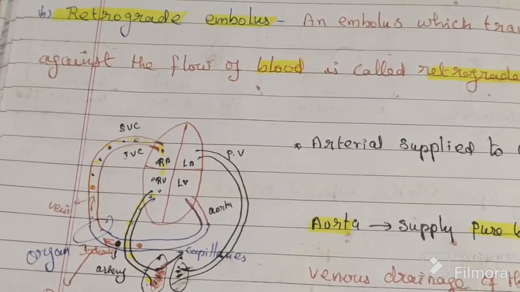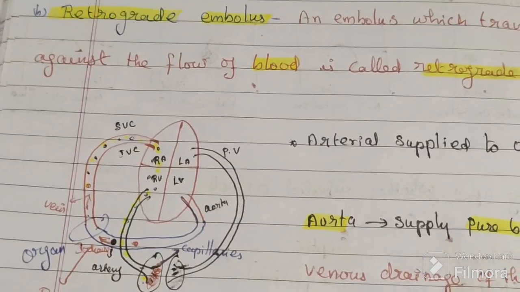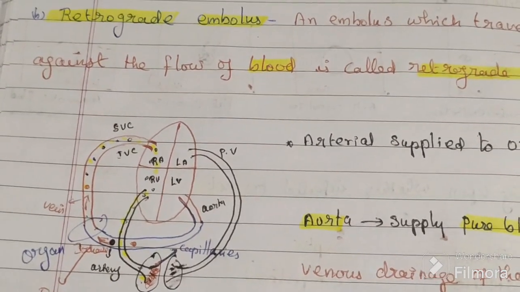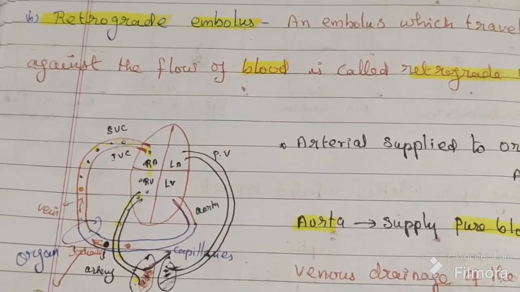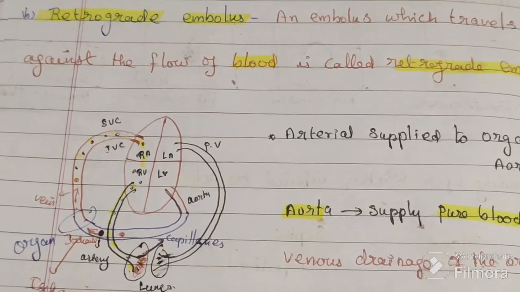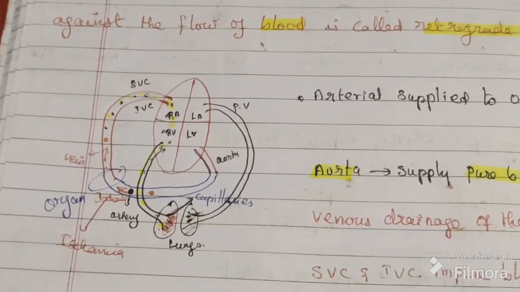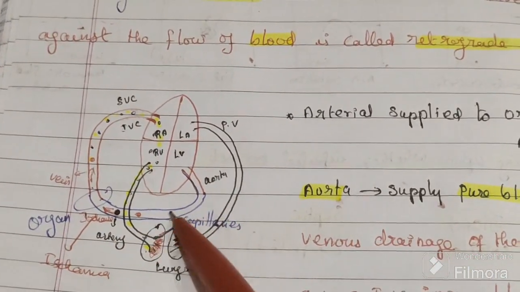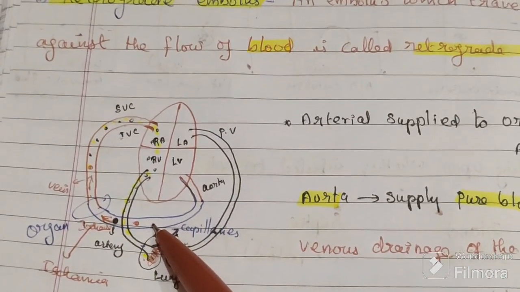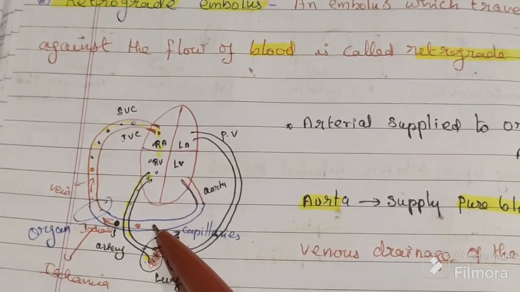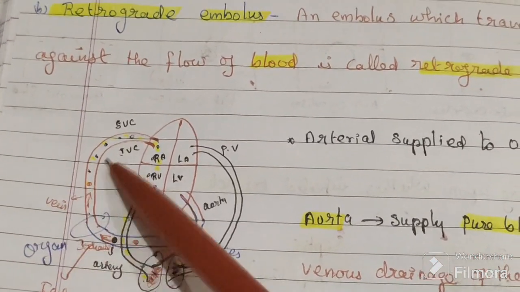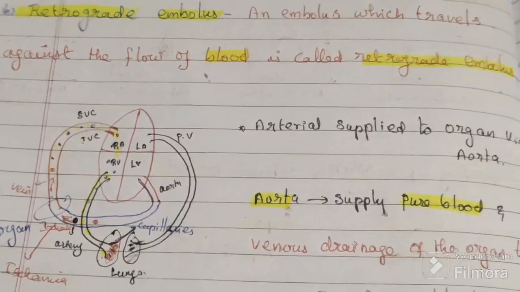So basically it will cause pulmonary edema. All venous emboli lead to pulmonary edema. So here two things are important. An arterial embolus leads to ischemia or infarction. A venous embolus leads to pulmonary edema.